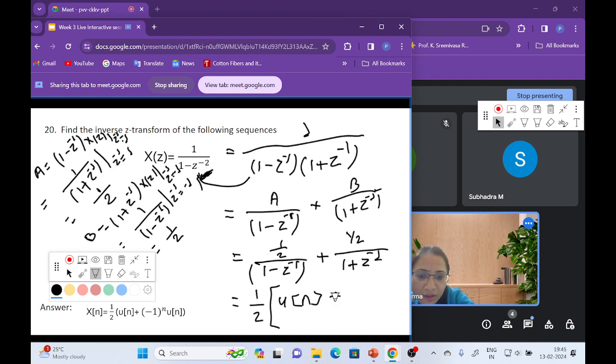Similarly here, 1 is there, it is hidden and we are not writing it, so here it is a plus, so here it will be minus 1 to the power n u of n. So the answer: the inverse Z transform of this sequence is x of n is equal to 1 by 2 in brackets, u of n plus minus 1 to the power n u of n. You got how to solve this problem?